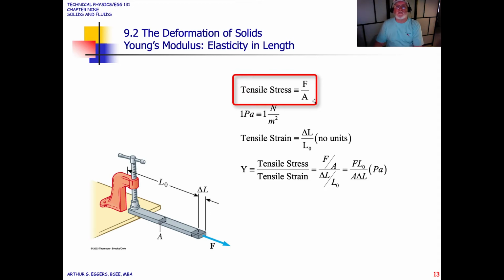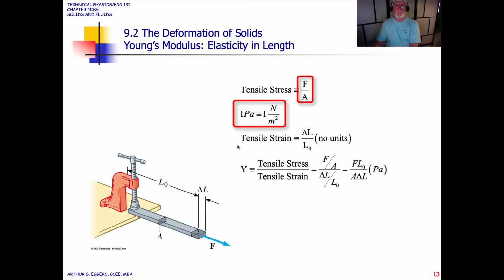So it's the ratio of force to area. Now we have a relationship that says 1 Newton per meter squared gives us a definition for 1 Pascal.